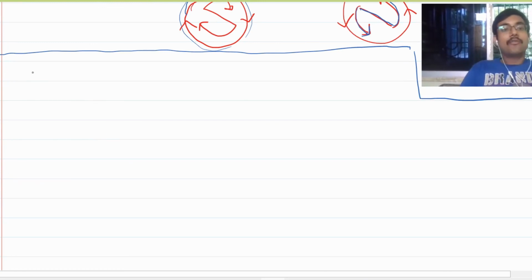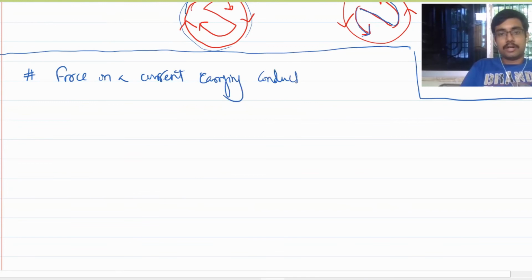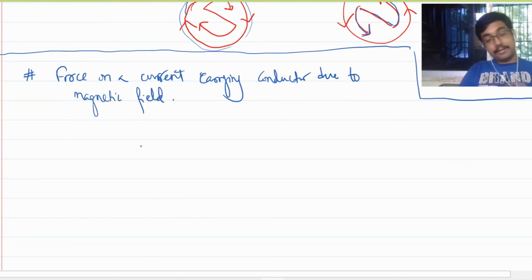That is force on a current carrying conductor in a magnetic field. This is very important to know that when there is a current carrying conductor placed in a magnetic field, a force is exerted. Are you getting my point?